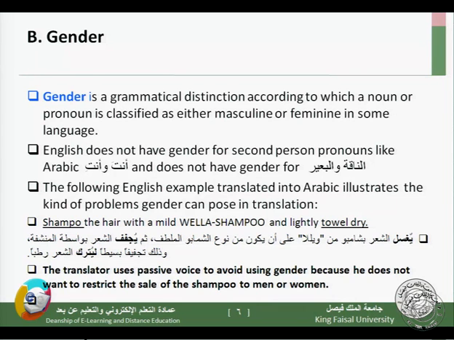In grammar, you either use this pronoun for a female or a male. Now English doesn't have gender for the second person pronoun. Do you understand? In English, you say you, but you don't know whether the you in front of you is a girl or a boy.